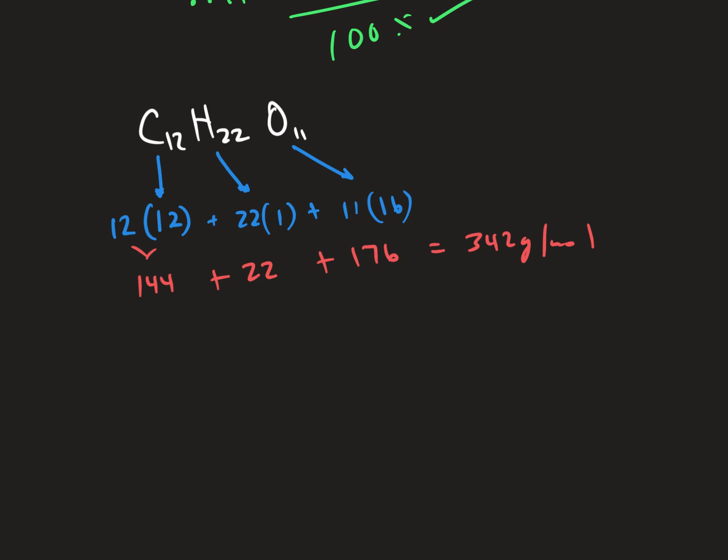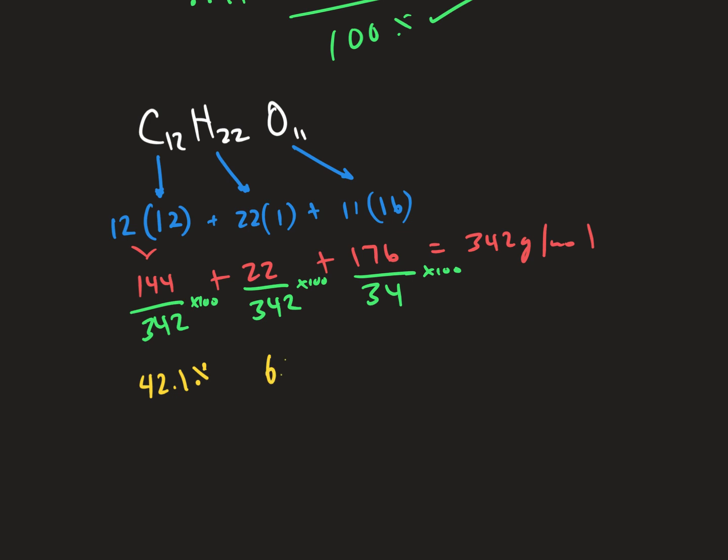All right. Well, we have the numbers right here. Can we just divide all of them by 342? Yeah. And then multiply by 100 to all of them. And that's it. So carbon should be 42.1%.